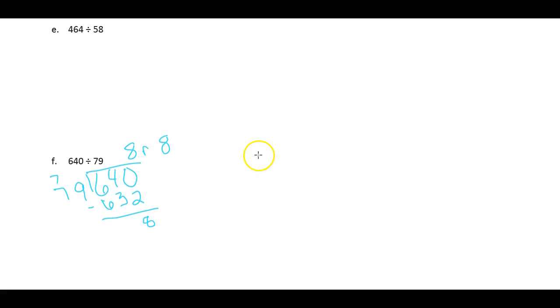And then when we go through to check this, we take our divisor, 79, and multiply it times the whole number in our quotient. See what we get. I'm going to do it over here. 79 times 8. 8 times 9, 72. So that's 56, 57, 58, 59, 60, 61, 62, 63. 632.